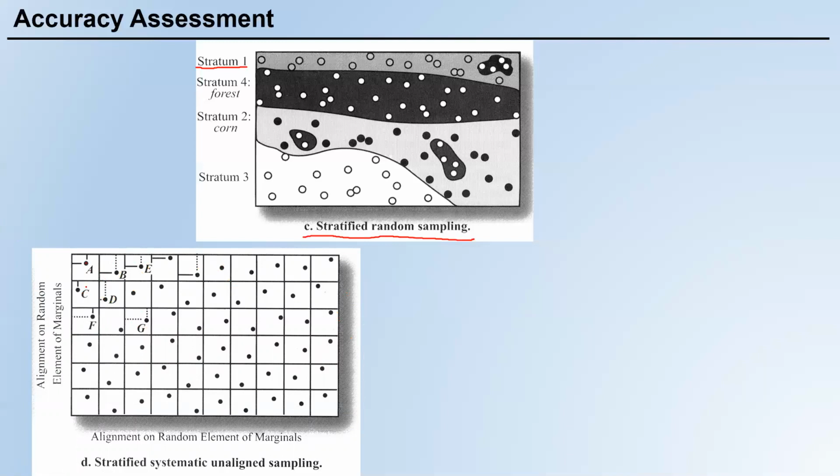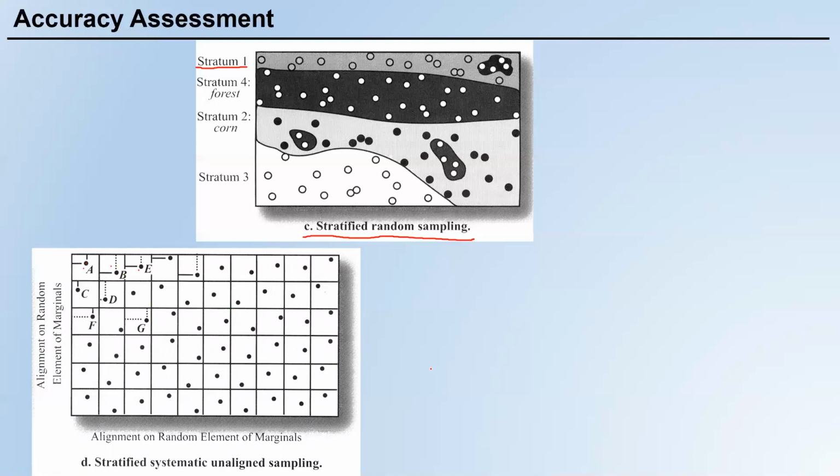Okay, for example, A is right here, a little bit to the upper right of the center of the stratum. B is bottom right, or to the center of this stratum. E again is different in terms of its location within that stratum.